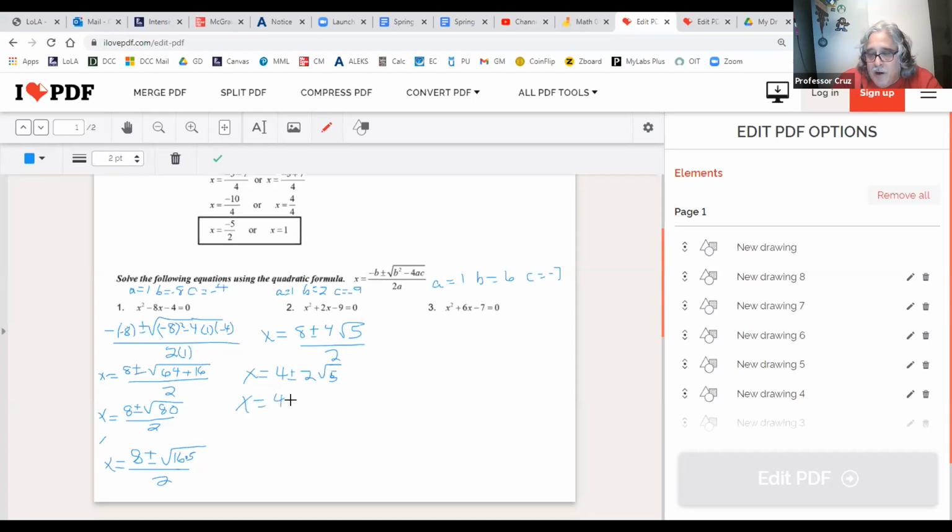So that's 4 minus 2 square roots of 5. Oh, you know what? Well, that was right. I'm sorry. I was thinking it was doing number 2 when I have it over there, but that's your 2 solutions right there. You can't combine those because this is a whole number and that's square roots.